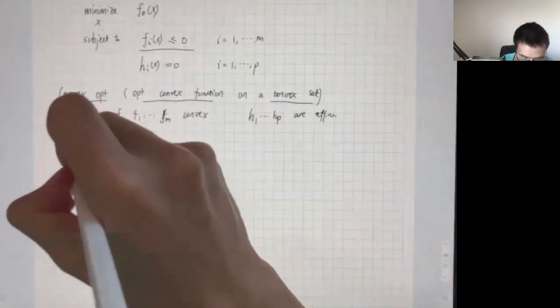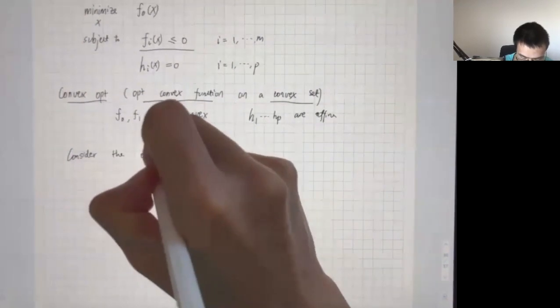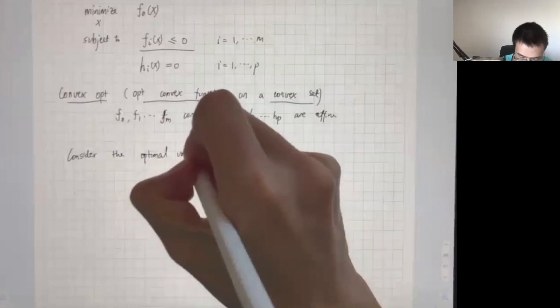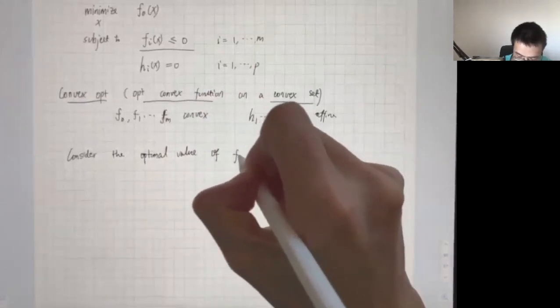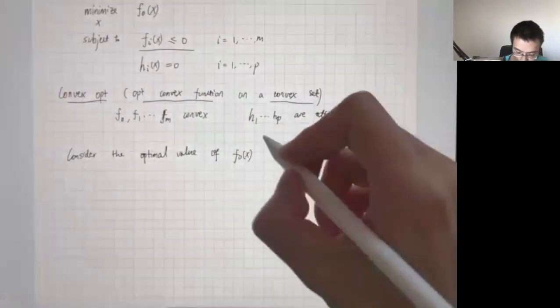Then we consider the optimal value of f0 of x with the constraint.